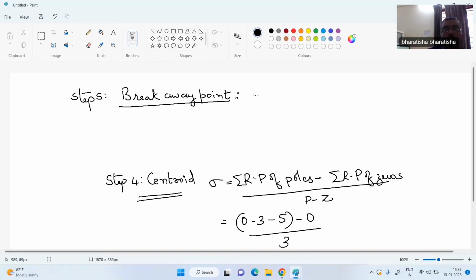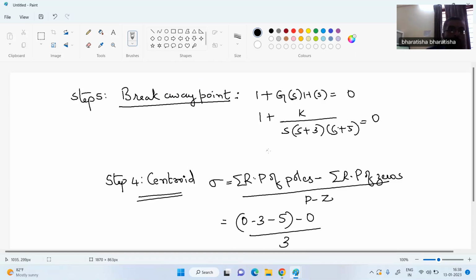For that, you have to find out the characteristic equation. The characteristic equation is 1 plus G(s)H(s) is equal to 0. So from this you will get 1 plus G(s)H(s), which is K divided by s into s plus 3 into s plus 5, is equal to 0.